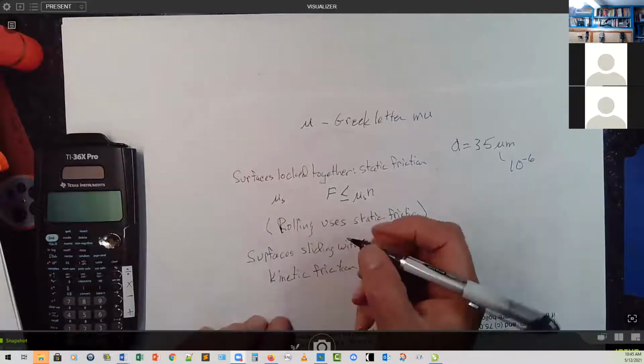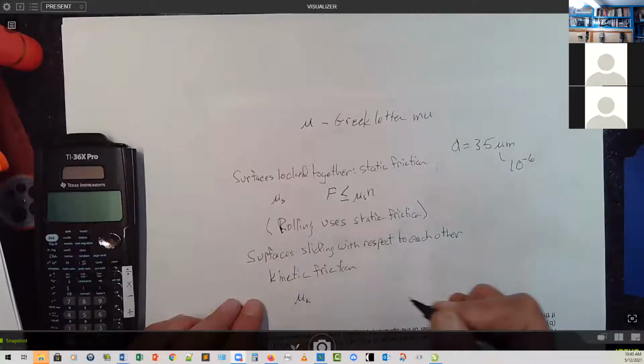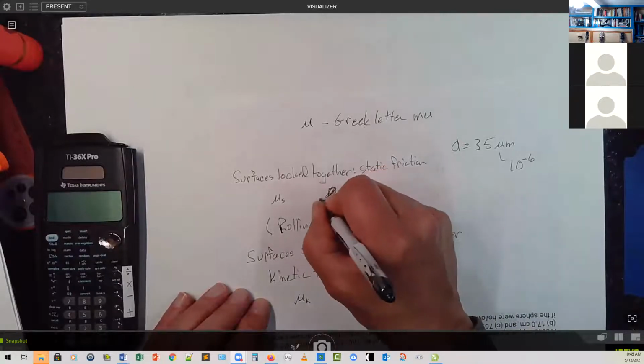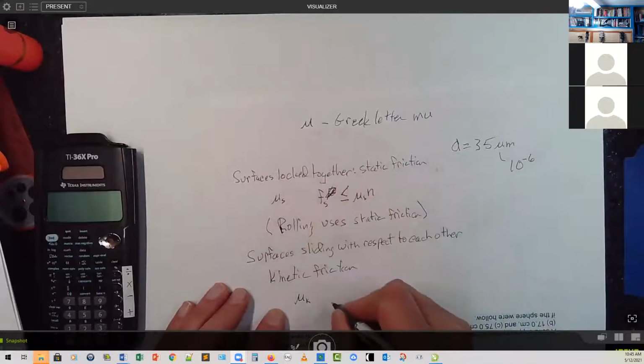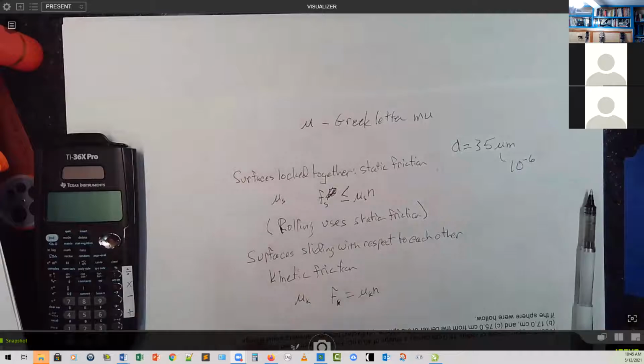And for kinetic friction, we just use a subscript of k on the little Greek letter mu. So mu sub k. And we usually use lowercase f's for friction. The kinetic frictional force is just equal to mu sub k times n. Once you've got those bumps sliding past each other, they don't get locked up again. And so we have that going on.